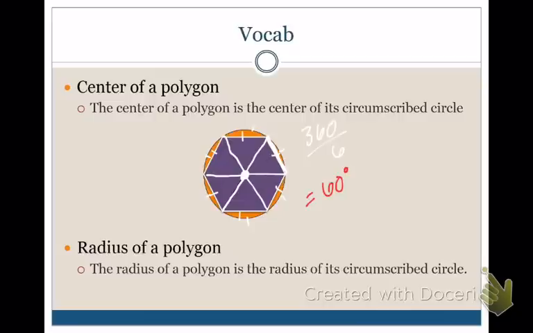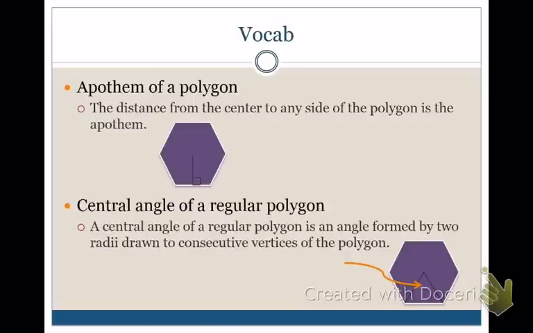All right, some more definitions for you. The distance from the center to any side of a polygon is called the apothem. New term there for you. So if we were at the center of the polygon and we wanted to know the distance from that center to a side, then we would walk directly at that side, right? And directly at that, I mean at a perpendicular.